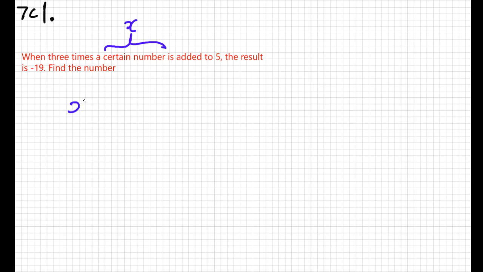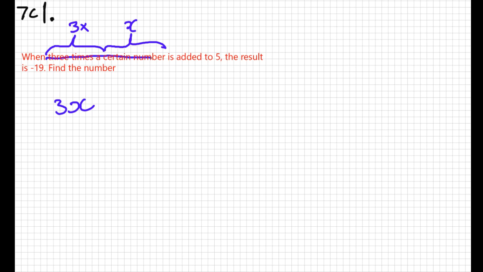So let's write that down. X. There we go. Let's read it again. 3 times a certain number is added to 5. Let's focus on this 3 times a certain number. Well, that simply means 3 times that number, or multiplied by 3. So we can write this down here, 3x.